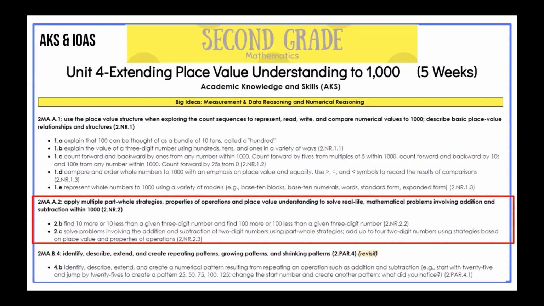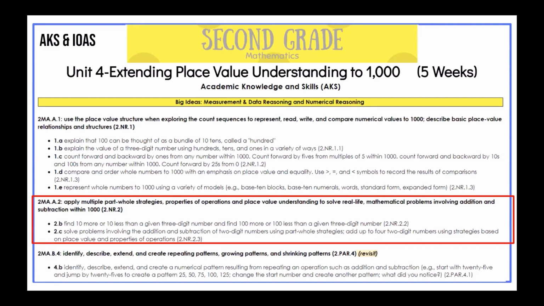Through AKS 2, IOA 2B, students will continue utilizing mental math strategies of finding 10 or more, 100 or more, 10 or less, 100 or less than a given 3-digit number, including multiples of 10s and multiples of 100.